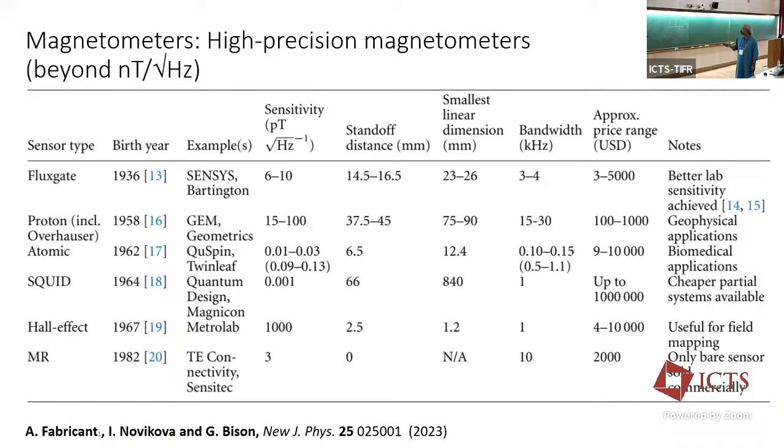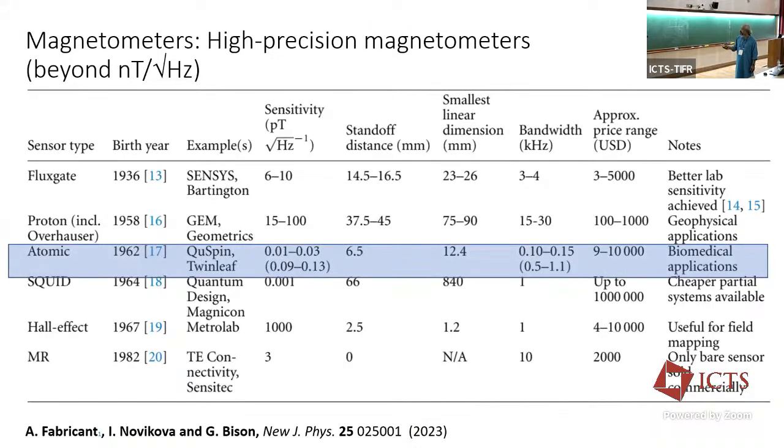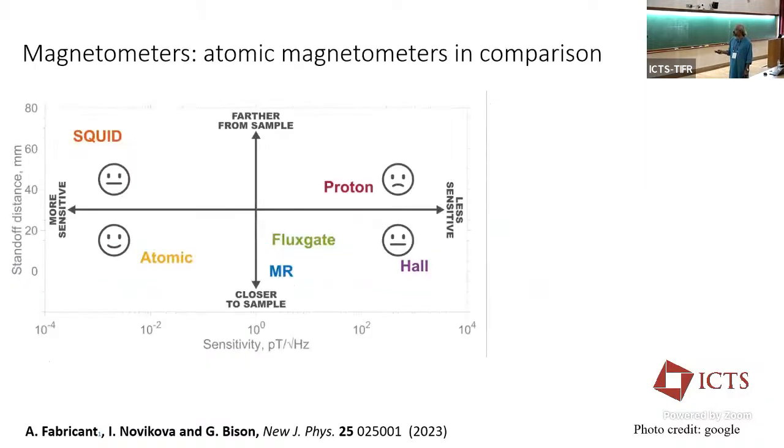But just to see where atomic magnetometers are among the magnetometers that are around, they are very close to SQUIDs in terms of sensitivity, and the question is whether atomic magnetometers can be taken to attotesla sensitivity, so that they become the dominant ones.